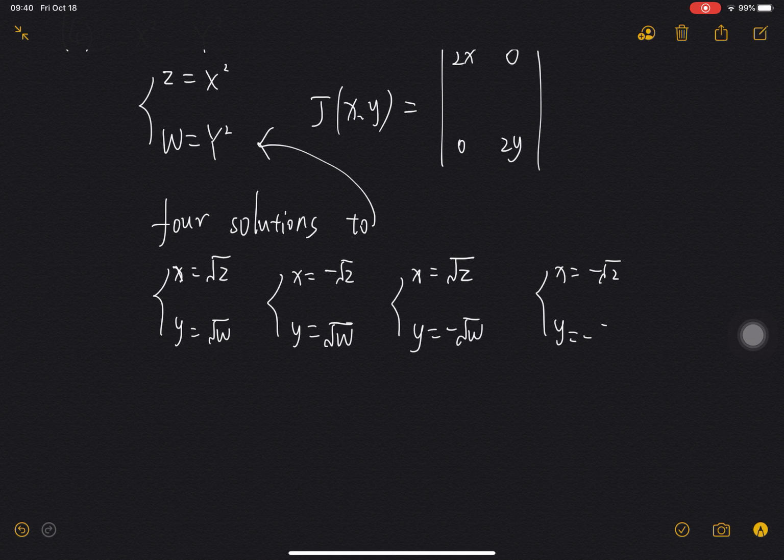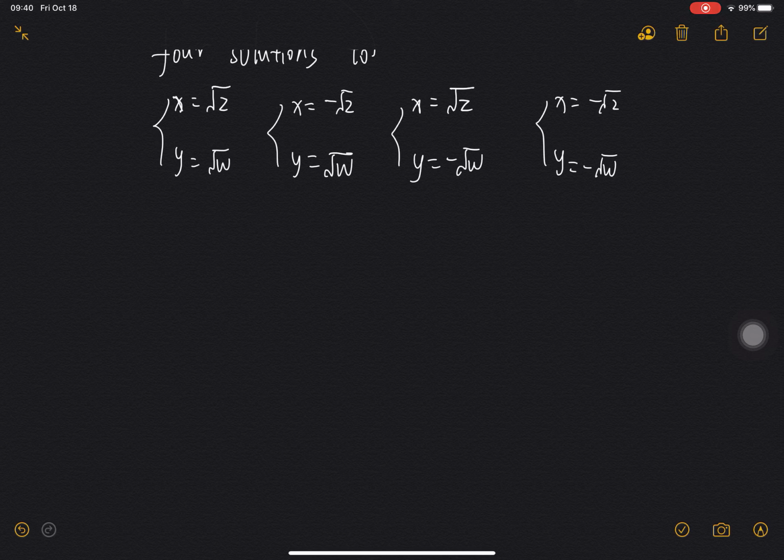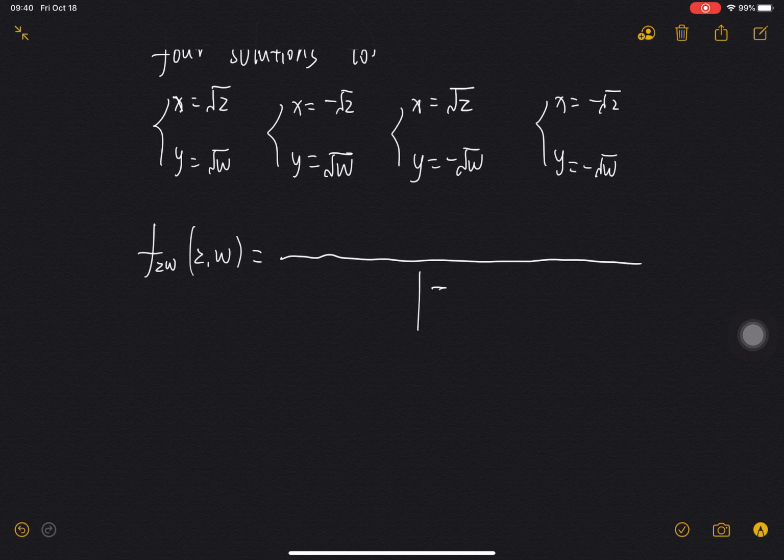They're all minus. Okay. So the joint density function of x squared and y squared should be the sum over the four solutions, right? So we get the density over the absolute value of the Jacobian, and it's 4.